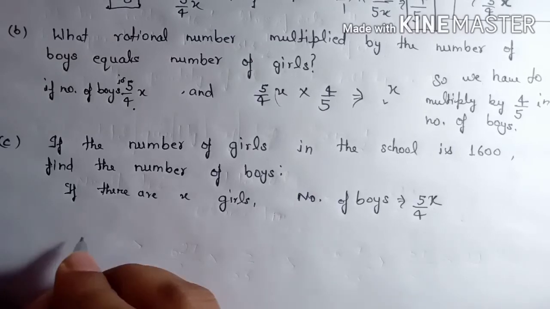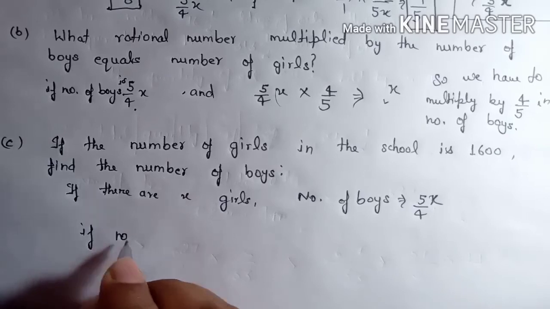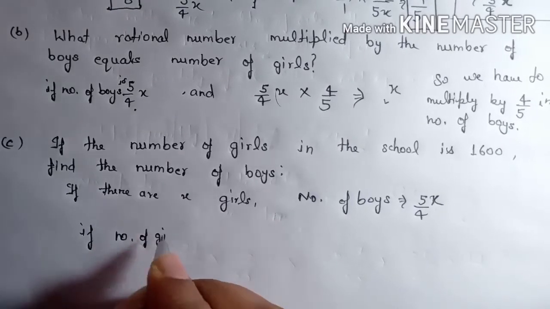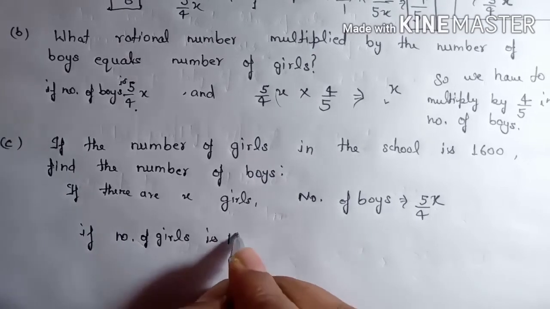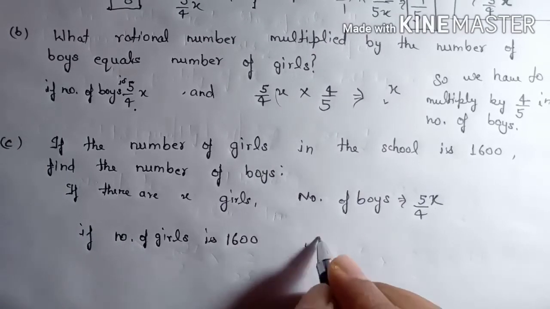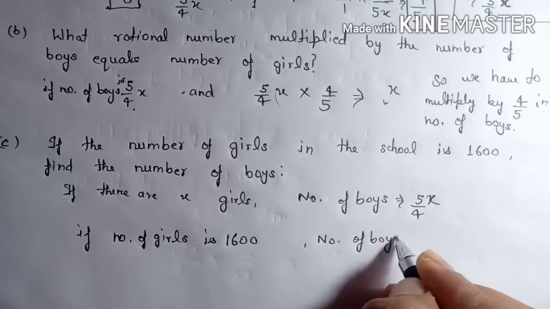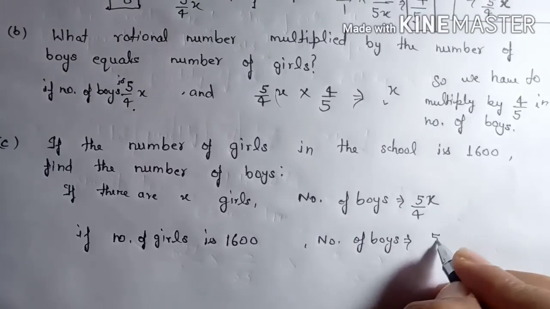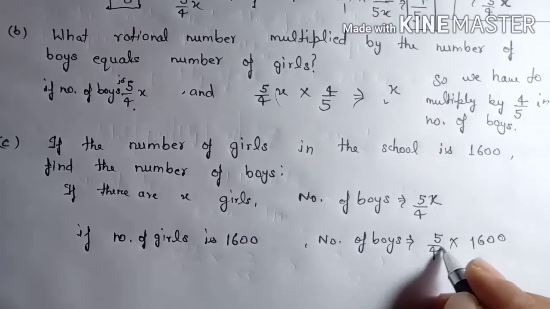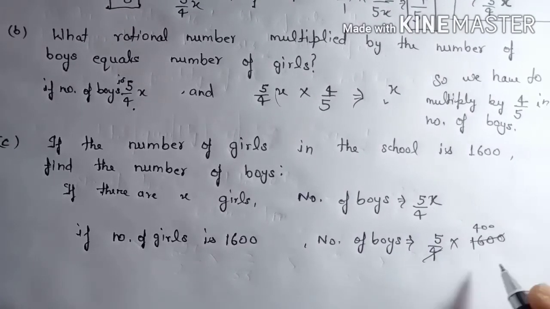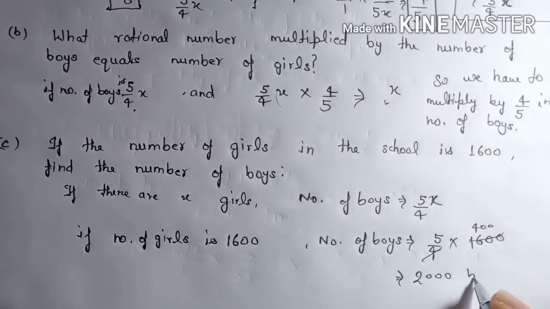So if the number of girls, which is x, is 1600, the number of boys is 5 upon 4 into 1600, so 400, and 5 fours are 20, so there are 2000 boys.